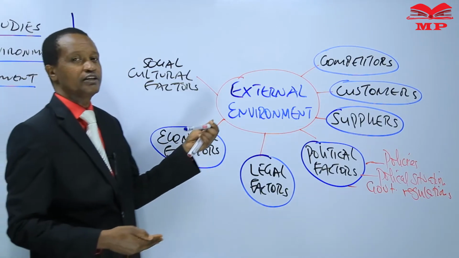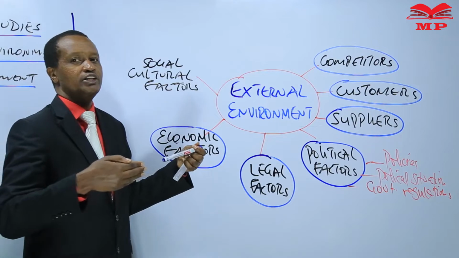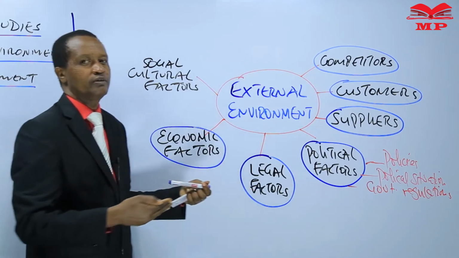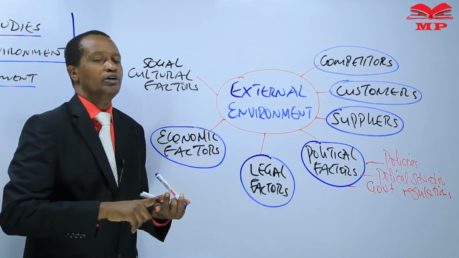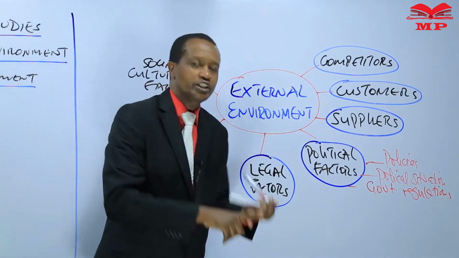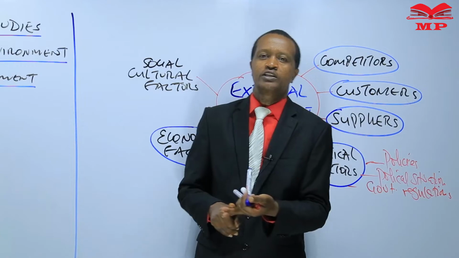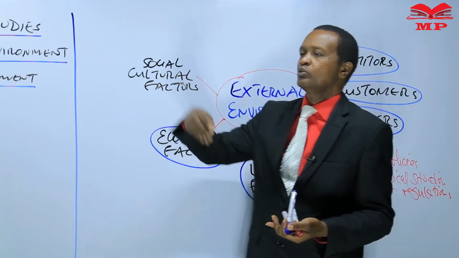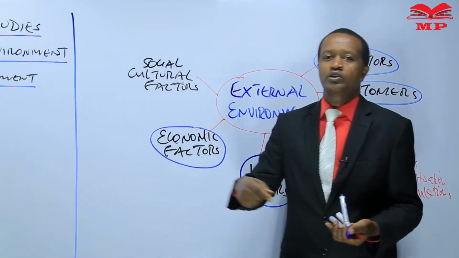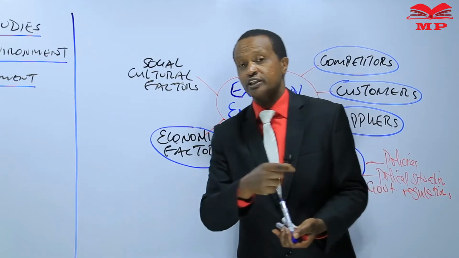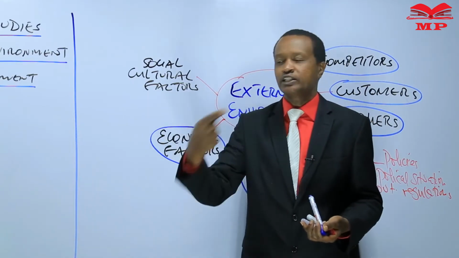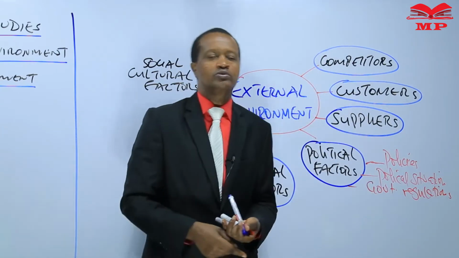So if these factors change, okay, then people's tastes and preferences may also change. For example, people in, say, rural areas may start to have the same taste in clothing as those in big towns due to the influence of urbanization.